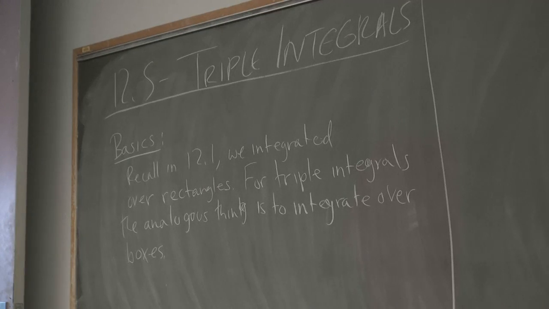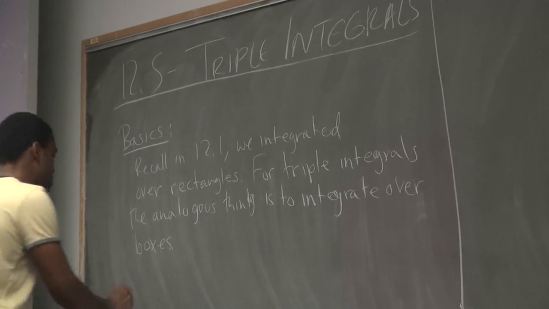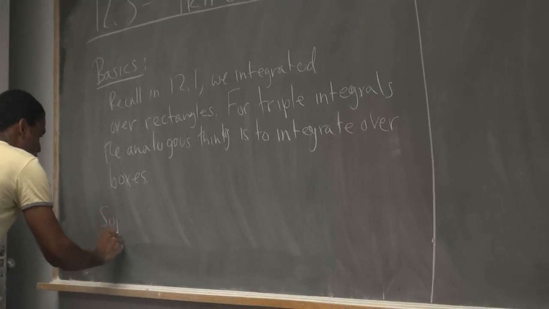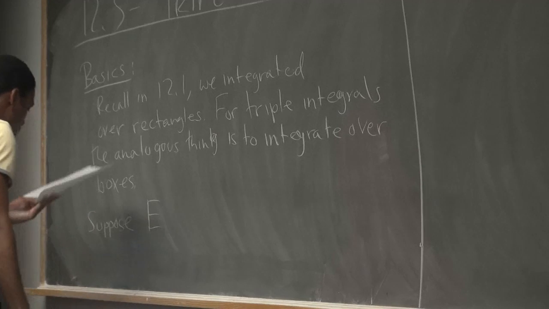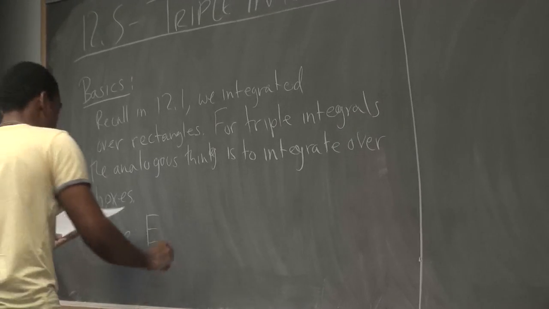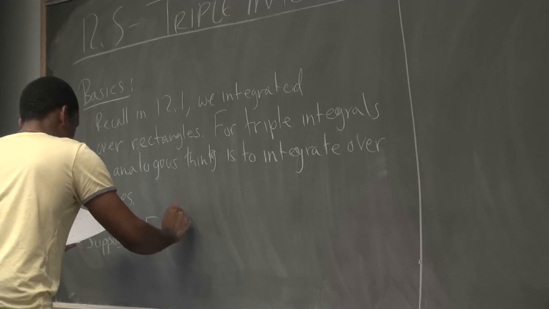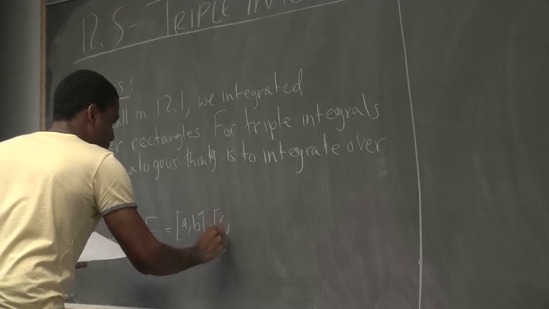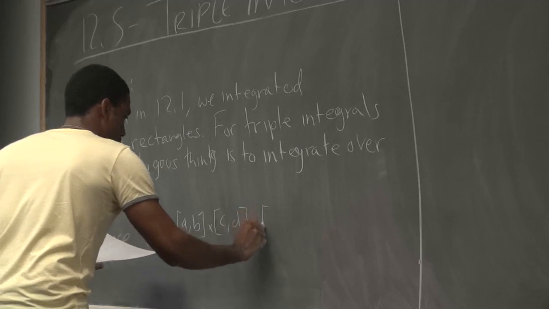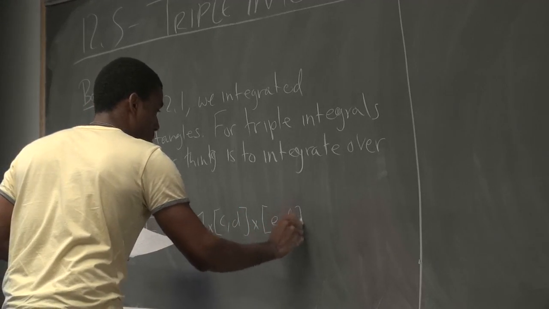Right, so triple integrals are very similar to double integrals, just everything is one higher dimension. Rectangles are now boxes. So let's call P the object, which I described as [a,b] × [c,d] × [e,f].